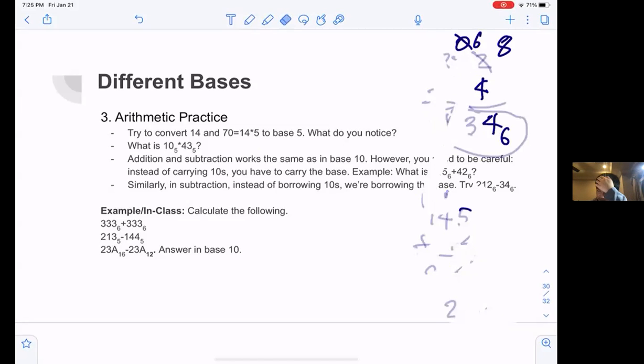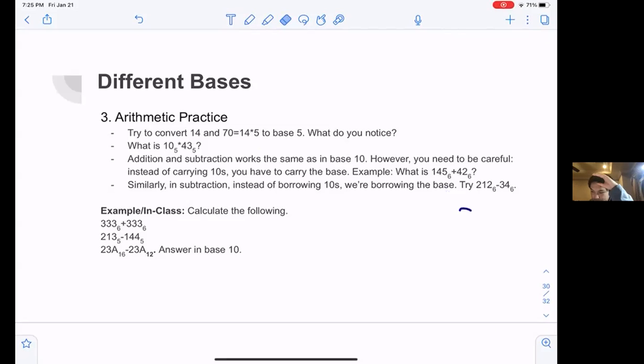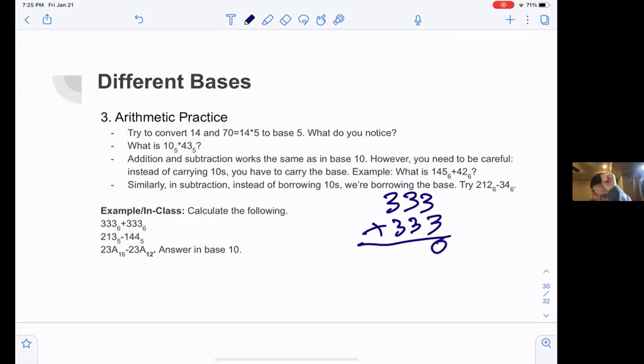Now we have some exercises to calculate the following. Looks like Nathan has already completed the first one, so I'll go over that really quick. So we just want to double 3, 3, 3, 6. Sorry, there's a lot of regrouping here. So the answer is 11110 base 6, or 3 ones and a 0.